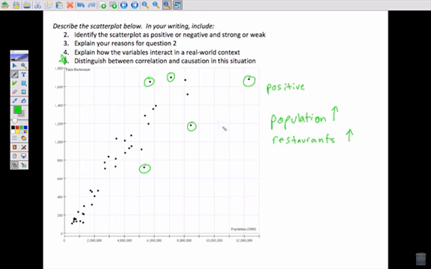If you wanted to say that this was a causation, you needed to somehow explain to me how population could directly cause the number of pizza restaurants to open up. And if you wanted to say something like more people in a town means that there's much more demand for food, and people are always wanting pizza.